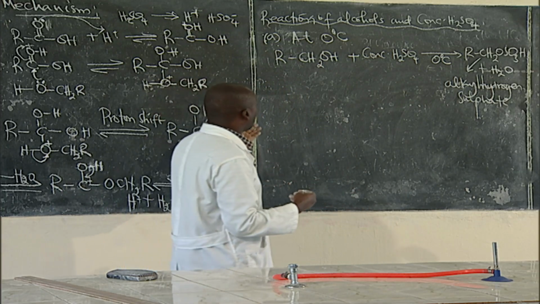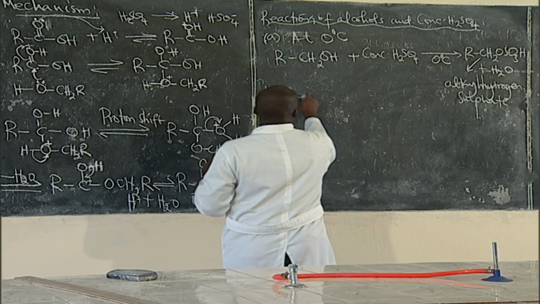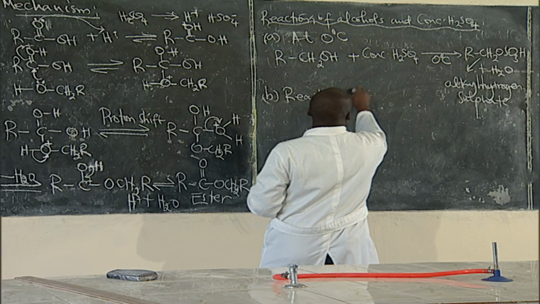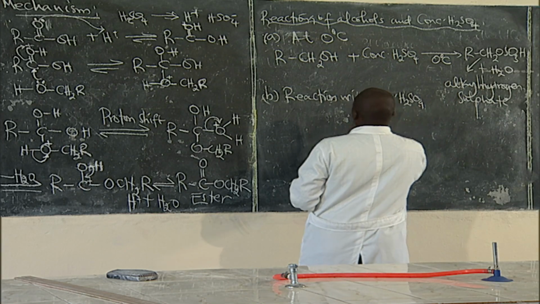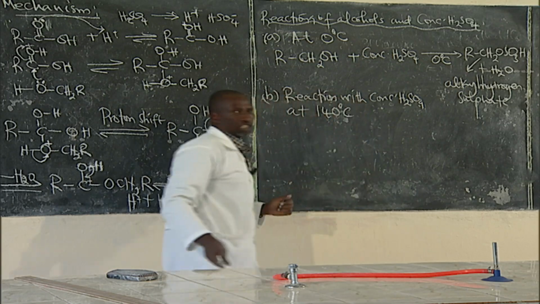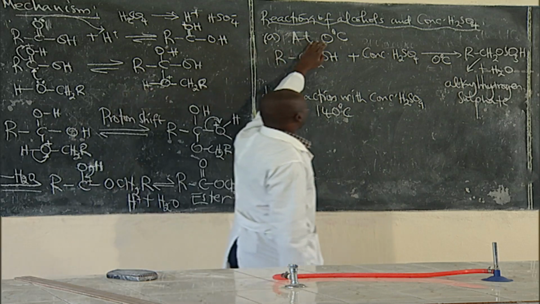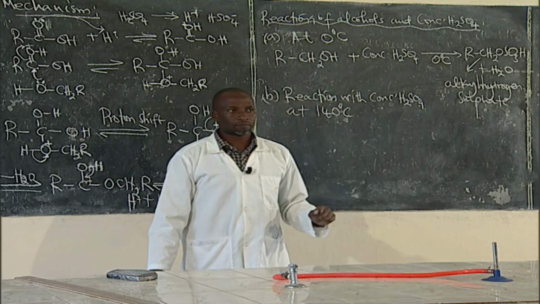So we can also look at reaction B. The reaction with concentrated sulfuric acid at 140 degrees Celsius. You remember we said at 0 degrees, it forms alkyl hydrogen sulfate.